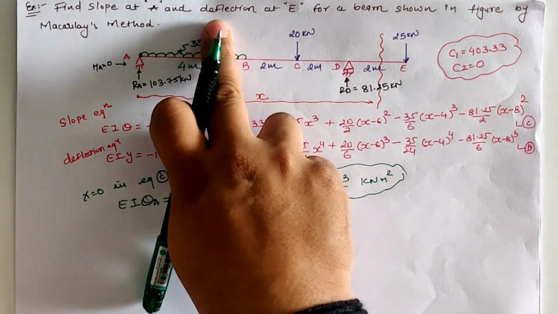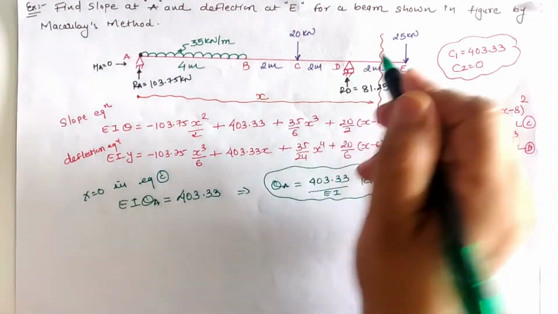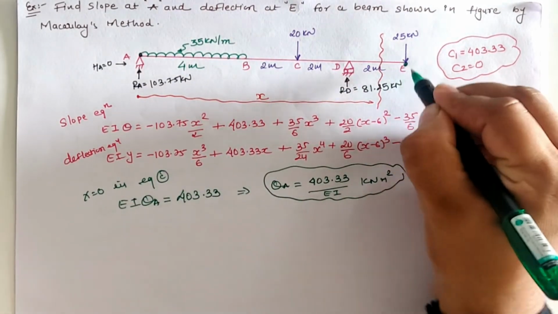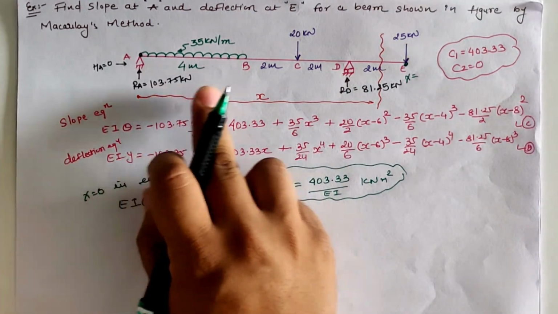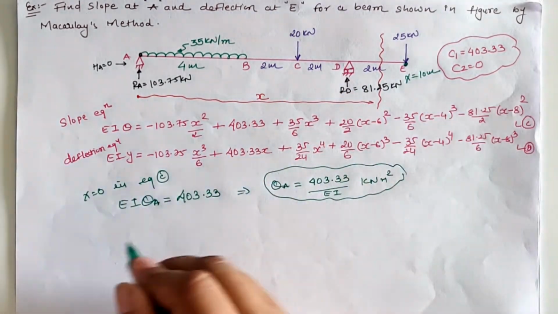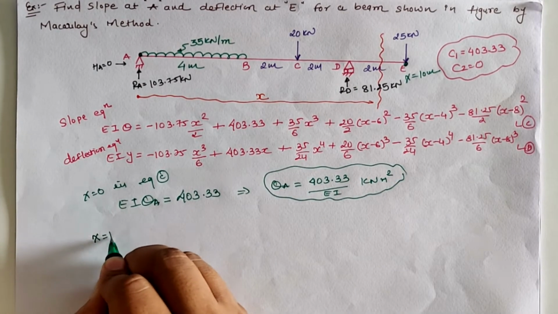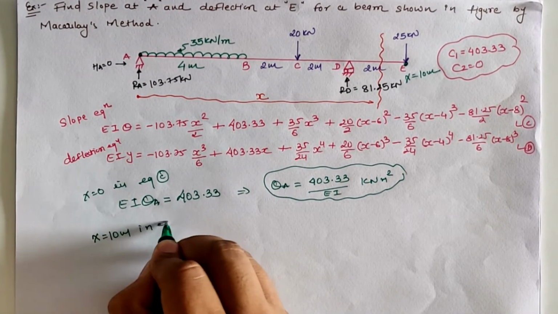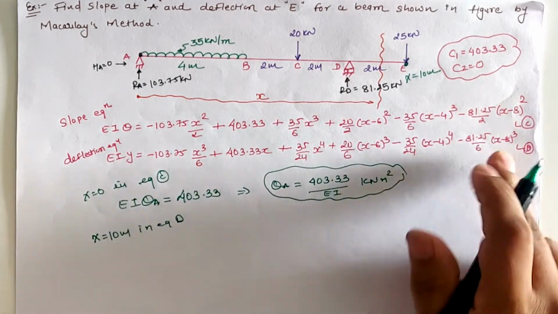Similarly, we have to calculate the deflection at location E. So at location E, our x value is 4 plus 2 plus 2 plus 2 as 10 meter. So let us put the value x equal to 10 meter in the equation of deflection.